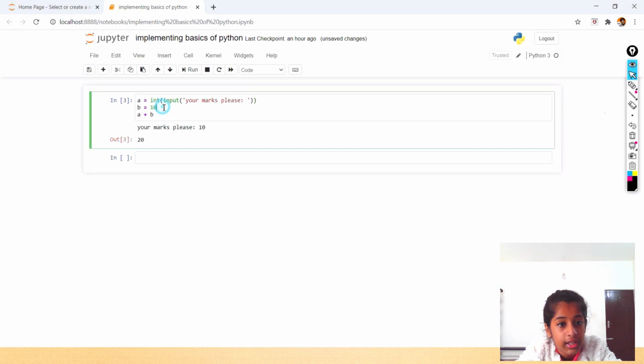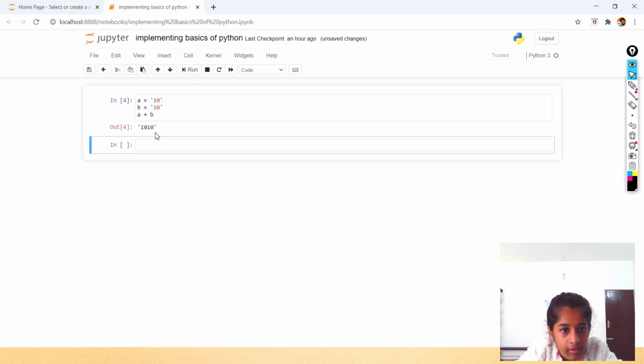When both are strings, let's convert them to integer. What if we don't convert it to an integer? Let's say you want to add 10 and 10, and we make both into strings. Now when we say A plus B, you're going to get 110.